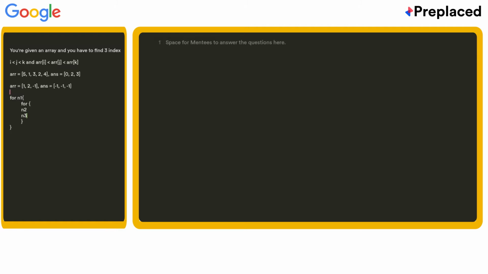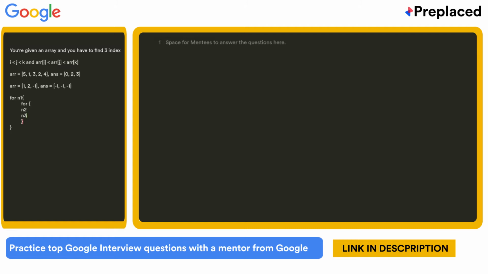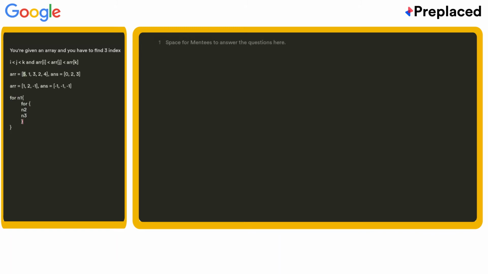Like for the first loop, we'll be iterating through each of the numbers, and then what exactly we'll be doing in the second loop. In the second loop, let's say in this for loop, I got 5. That is the first number. In the second loop, I'll be looking for the number that is greater than 5. Let's say while I'm running the loop for 1, I'm looking beyond 1, which number is greater than 1.